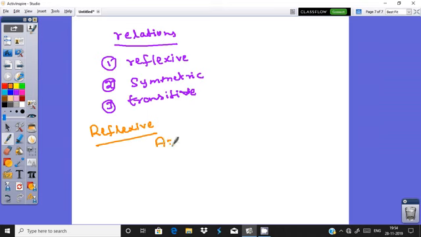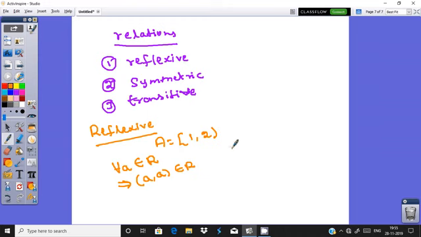Let us assume that A is equal to {1, 2}. So we can say that for all a belonging to A, (a, a) belongs to the relation. There are two elements, 1 and 2, so for every element in the set A you should have the corresponding match over there.